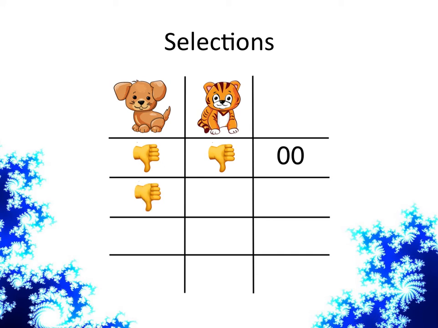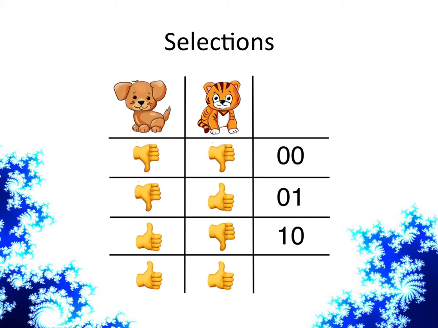And now we reject the puppy, we select the tiger, and we get a selection of 0 for the puppy and 1 for the tiger. So now we select, reject, and we get 1, 0. That's selecting the puppy, rejecting the tiger. Now we're going to select them both, and we get 1, 1 for selecting them both.